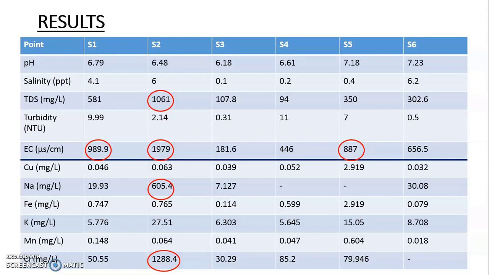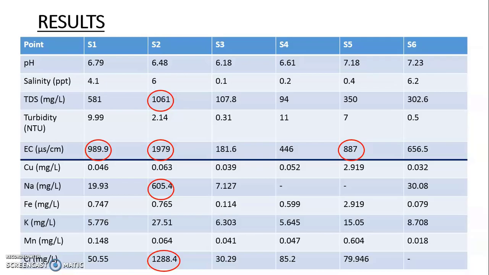As we can see in this table, the element concentrations are low except for the chloride concentration in sample number 2, with 1288, and the sodium concentration in sample 2, also with 605.4. The high chloride, TDS, and EC in sample number 2 indicate that the area may be contaminated due to the intrusion of seawater.